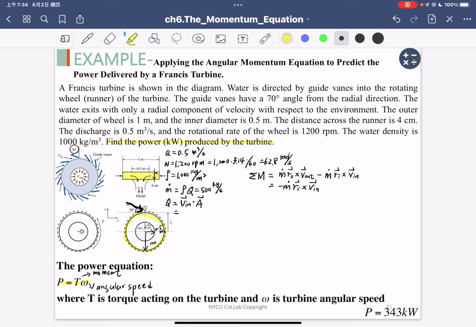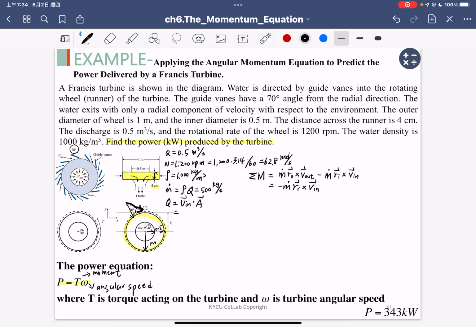So the area in yellow is the radius of the circle multiplied by the thickness, 4 centimeters. Then with the dot product, we need to project the flow parallel to the normal vector of the cross-section area.